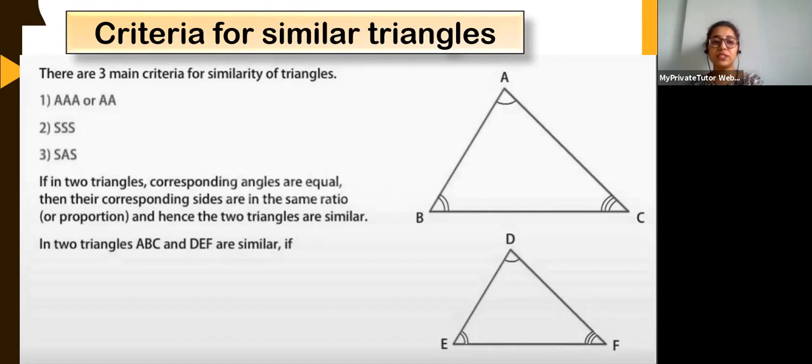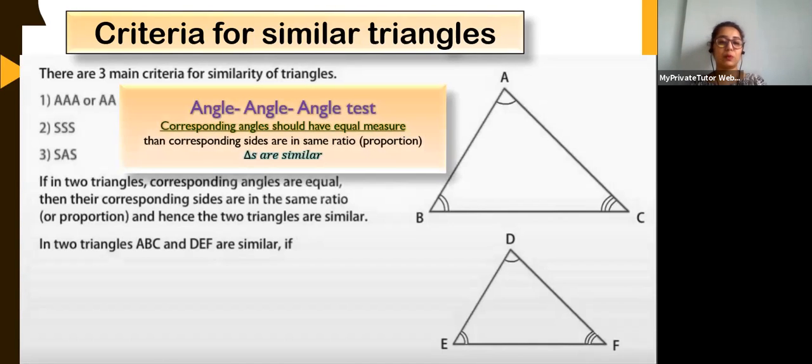Okay. So the first test is the AAA test. Now what does that mean? Angle test. Corresponding angles should have equal measurement. If there are two triangles and they have equal angles, then the corresponding sides are in proportion, and those triangles are considered to be similar triangles.